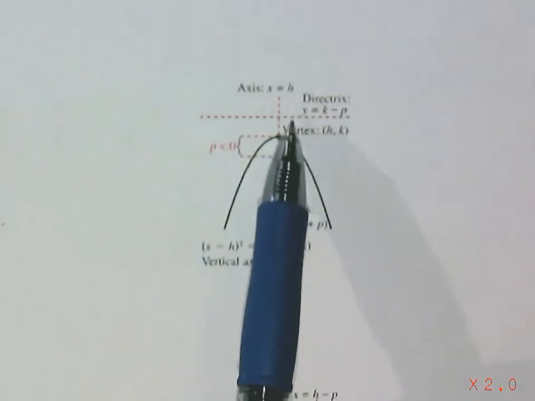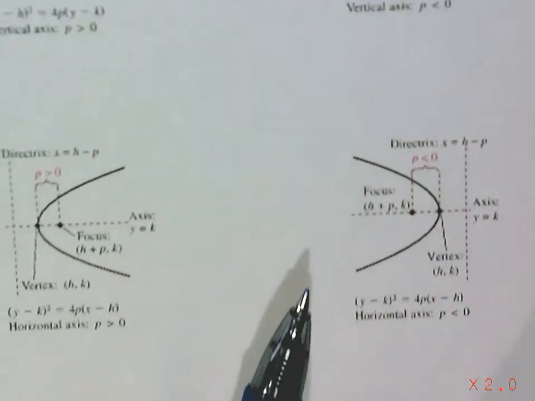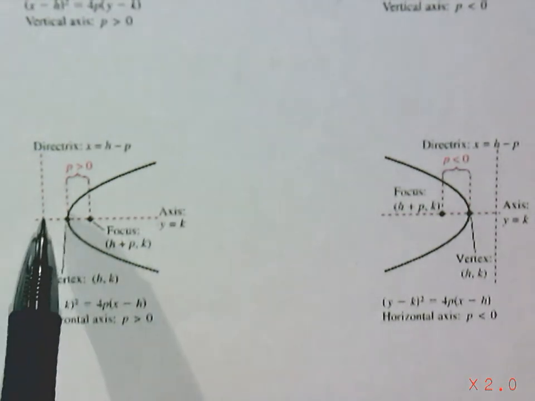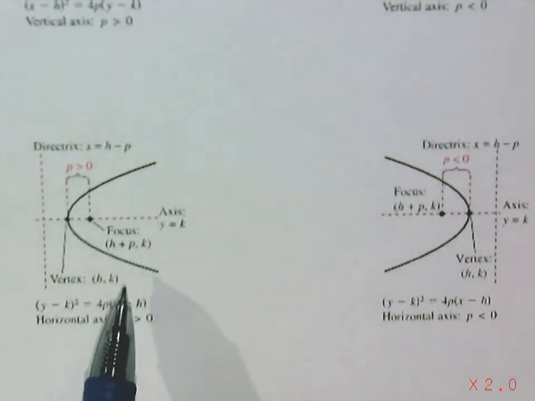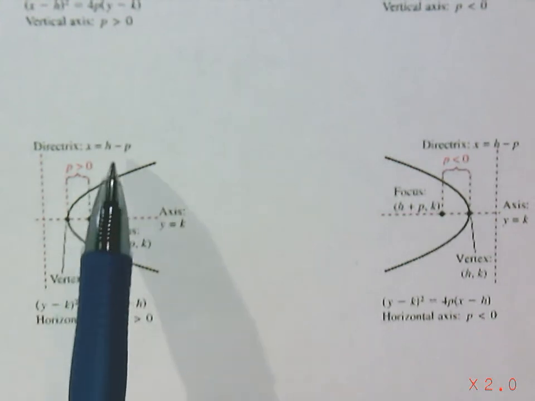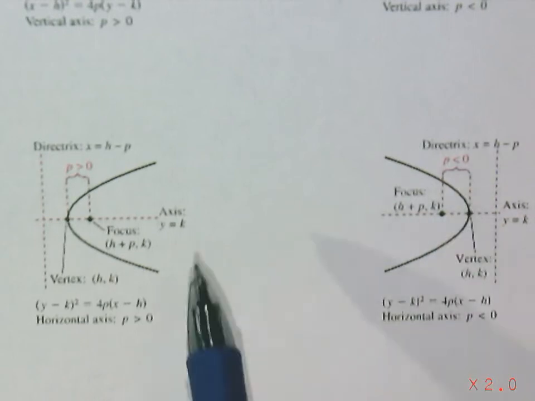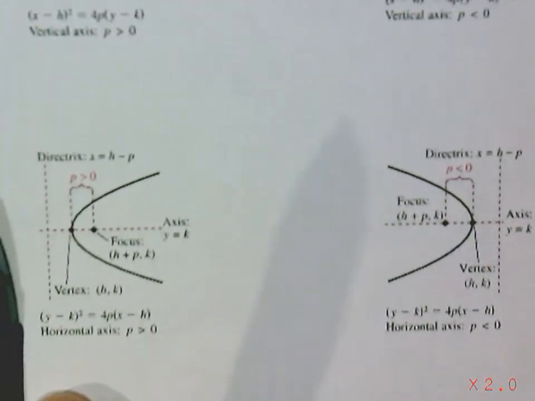Still the formula is y equals k minus p. When the parabola opens to the right or left, you're going to have a vertical line. So it's going to be x equals h minus p. It's this dashed line, and it's a vertical line.